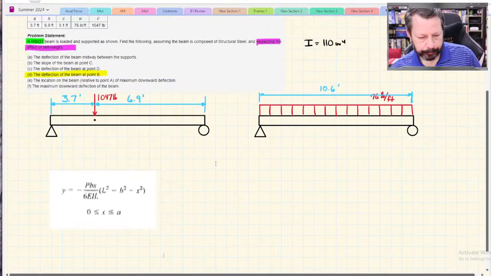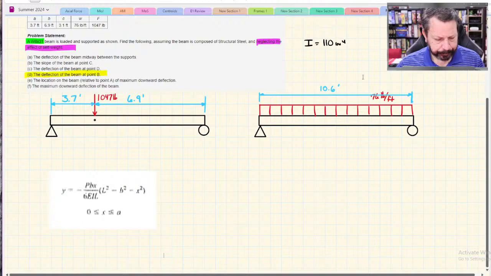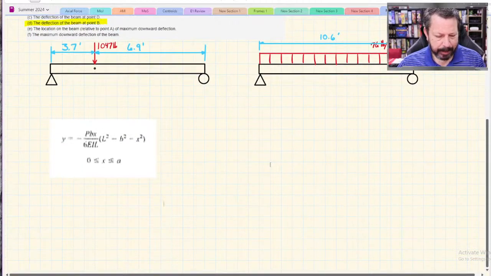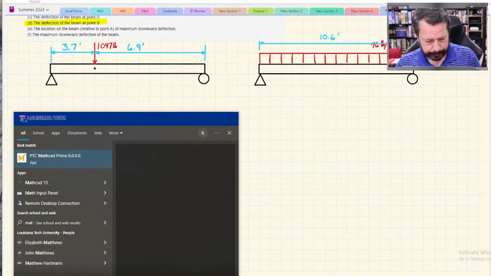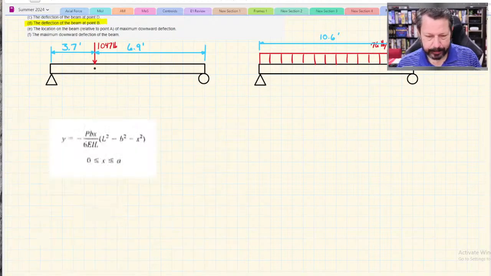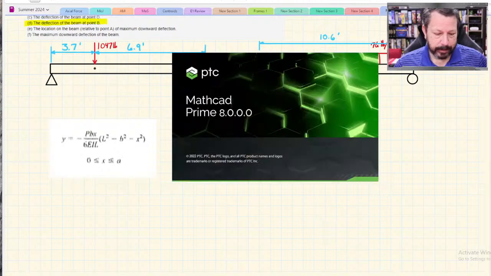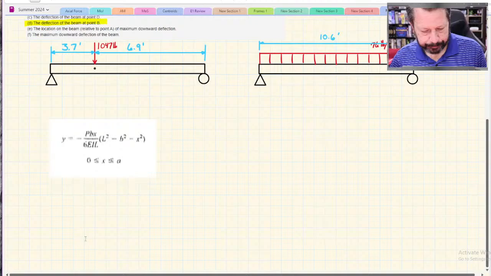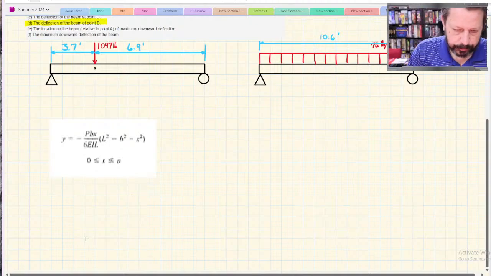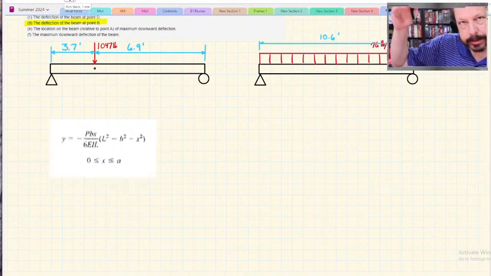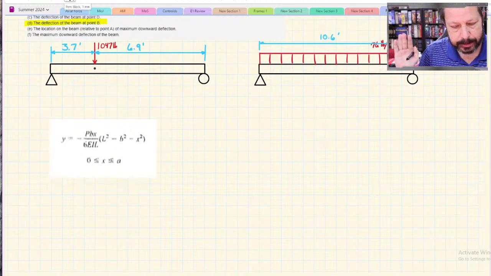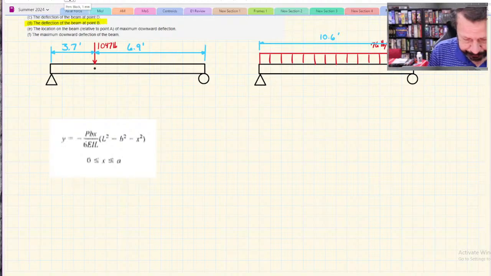Okay, so this says we should be calculating, and I'm going to go ahead and open up MathCAD, because that looks like it's going to be a lot easier than plugging this in on my calculator, but we'll try it this way. It gives us a negative sign because it's pointing downwards, a negative direction.